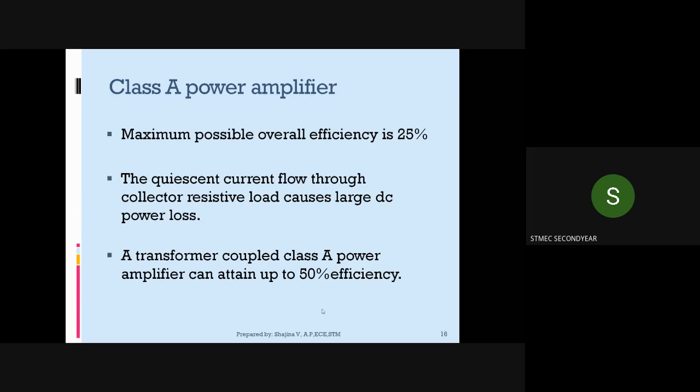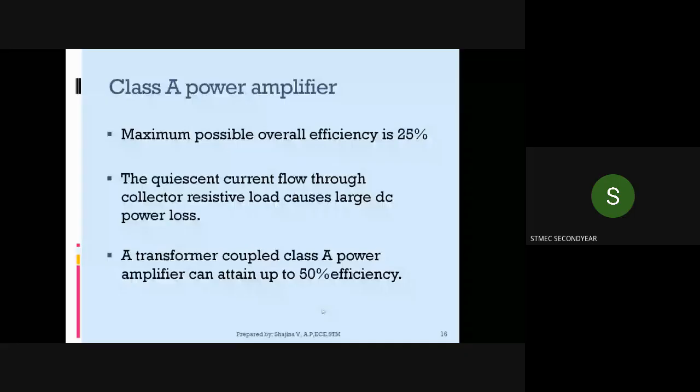There will be power loss, so that our power is wasted. That means we couldn't get useful power at the output completely, so that our efficiency will reduce. So by using this resistive load, the maximum possible efficiency is 25%.